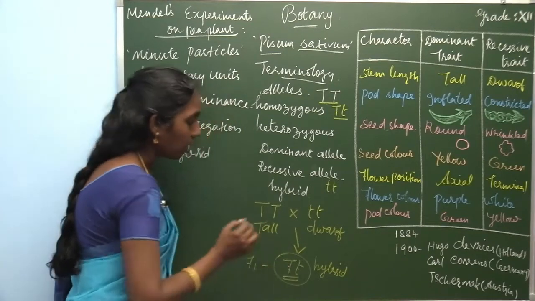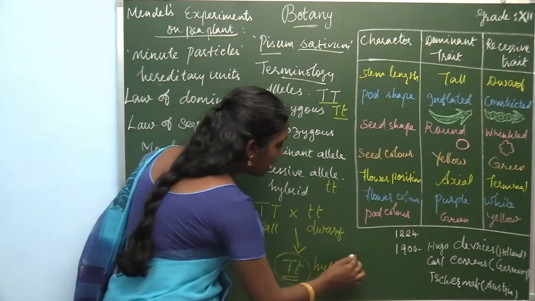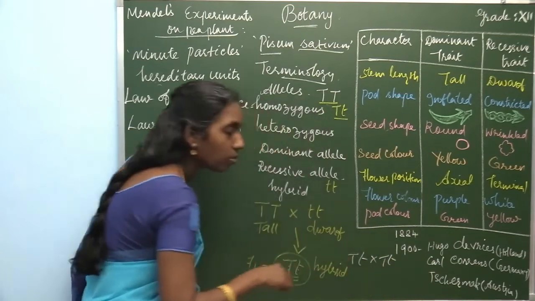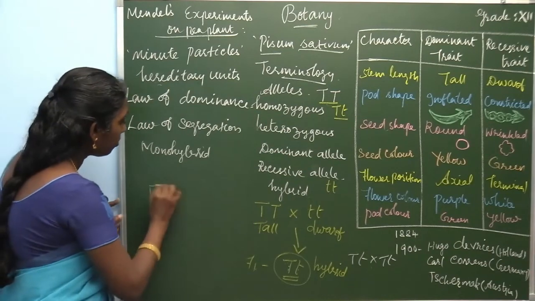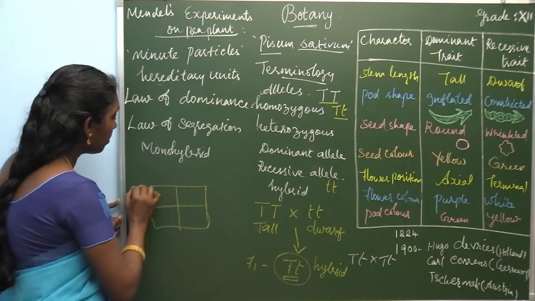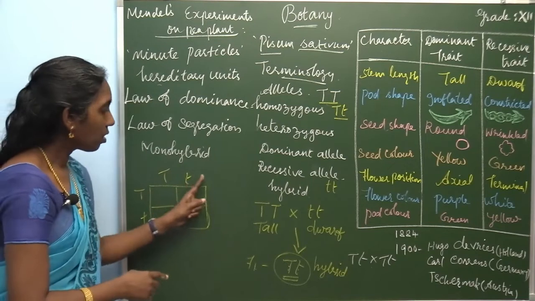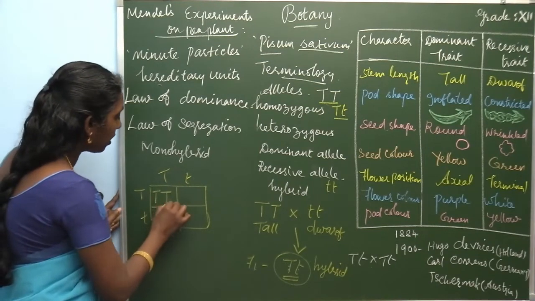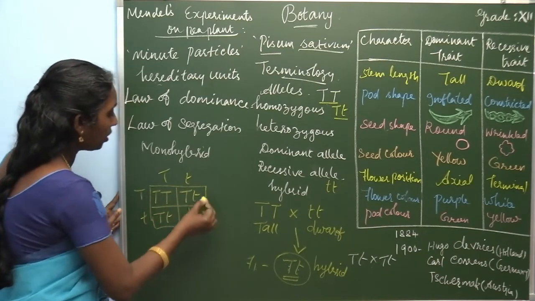See, this is F1 generation. When you make a self cross between capital T small t and capital T small t, in the F2 generation, it produces capital T capital T, capital T small t, capital T small t, small t small t.